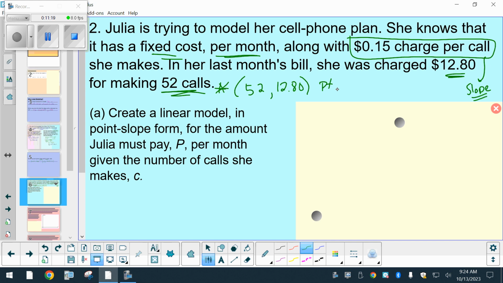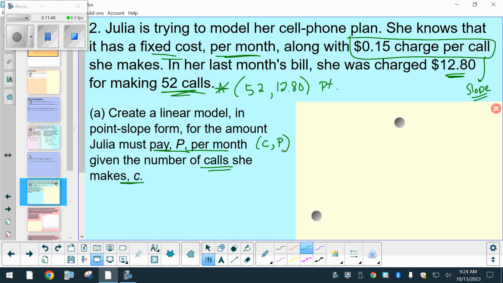Okay. Because now remember, we're trying to make the number of calls with the amount she pays per month. So that means it's calls comma pay, that's your x and your y. Because she's making 52 calls, that's going to be your x, and she's charged 1280, that's going to be your y.